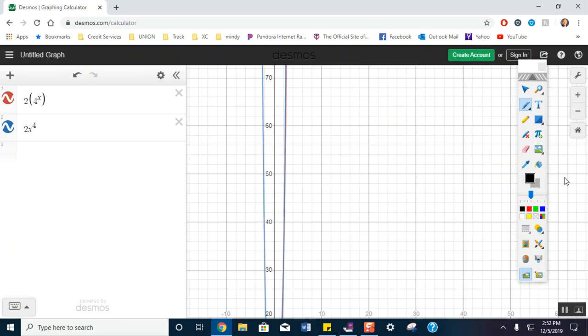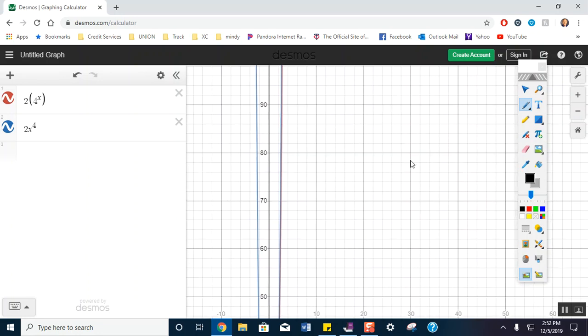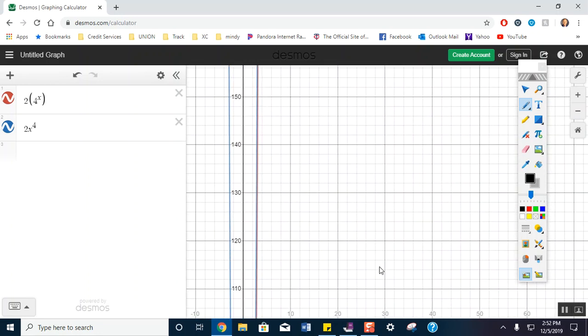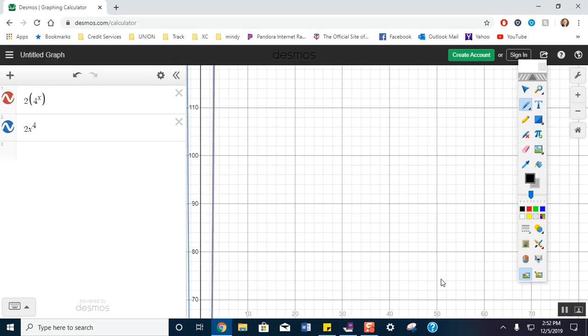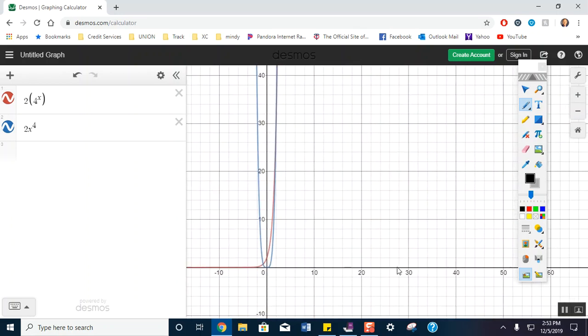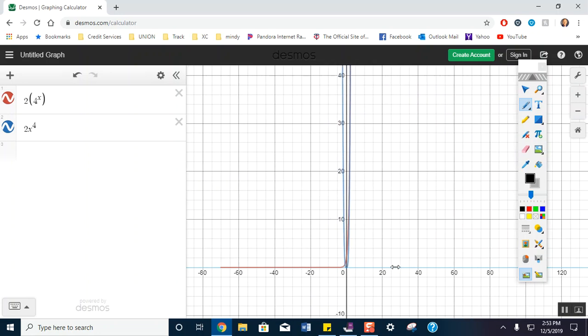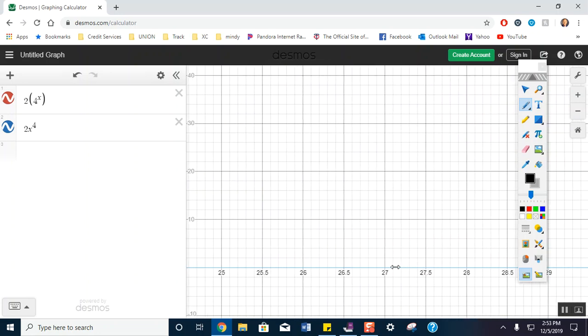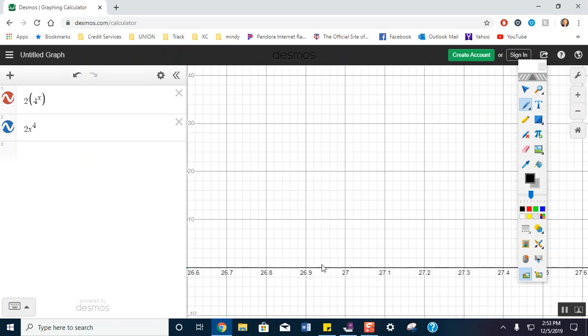Change this down here. You guys remember how to change your x and y values? If you click on this here, you can hit shift and change that to blue and then stretch stuff out or pinch it like that. It's getting pinched quite a bit.